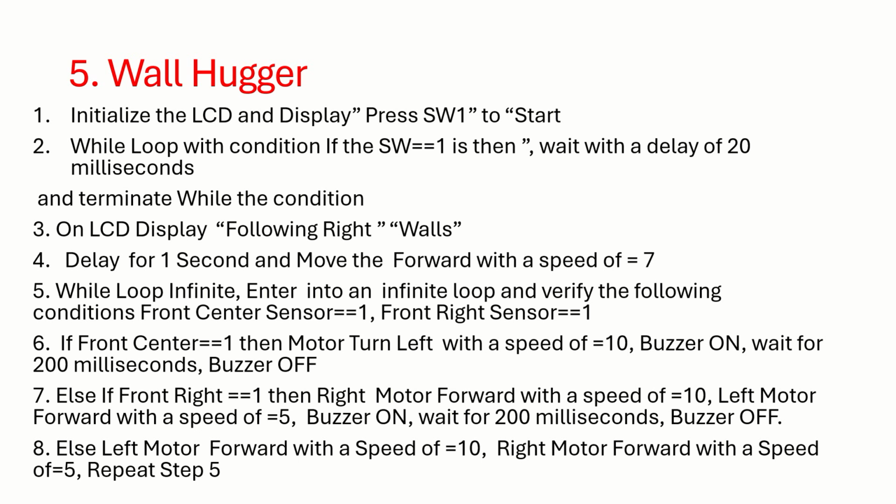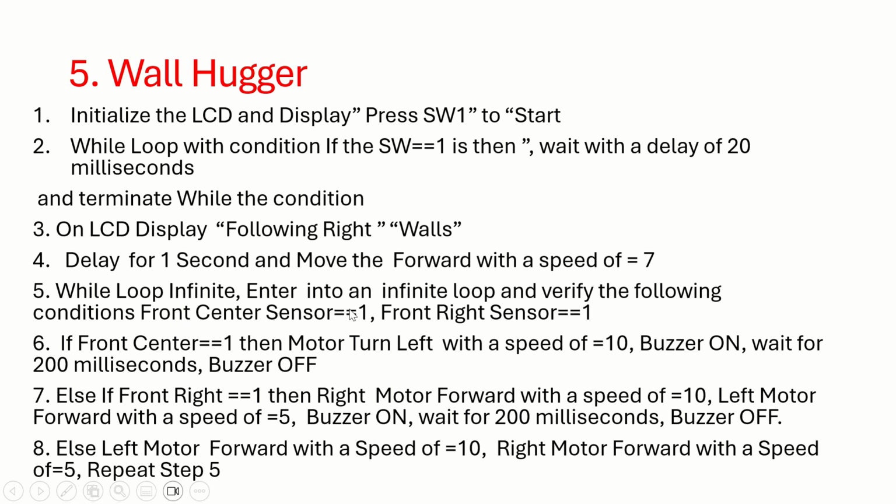Wait for a 1 second delay and then the motor moves forward with a speed of 7, both motors at a speed of 7. Then enter into a while loop, but this time an unconditional while loop, an infinite loop, and then verify the following conditions with if conditions.